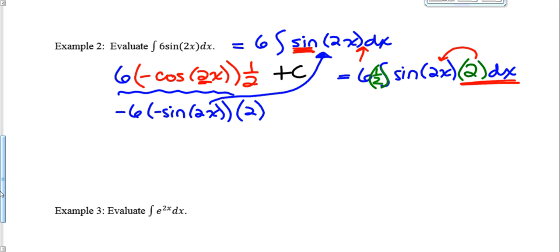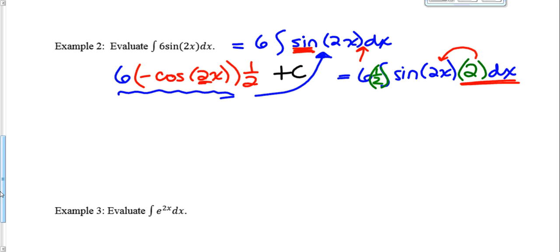There's no 2 in there. That's extra, which means to balance that out so I no longer have that 2, I would need to divide by 2. And again, it doesn't matter which way you think about it, but somewhere along the lines, you have to divide by 2 in your antiderivative.